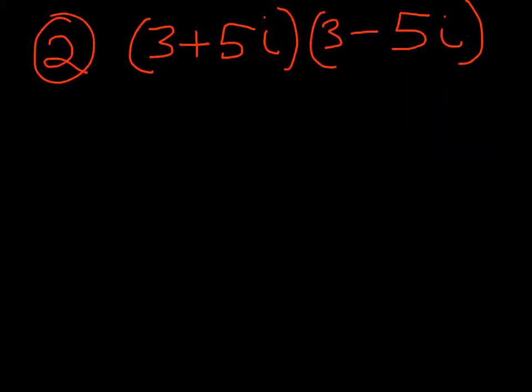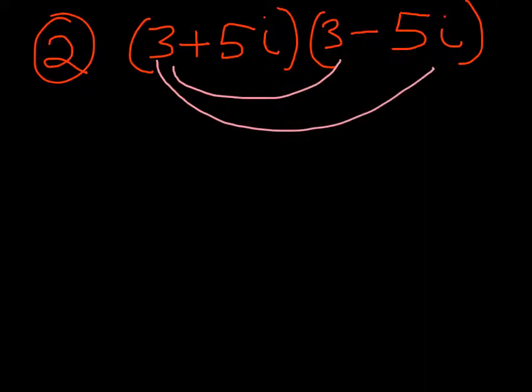For us to solve another type of problem where we are multiplying two complex numbers together, we still do our regular distributing. So we're going to distribute the 3 to the 3 and the 5 first. We'll start there. 3 times 3 is 9. And then 3 times negative 5i is negative 15i.